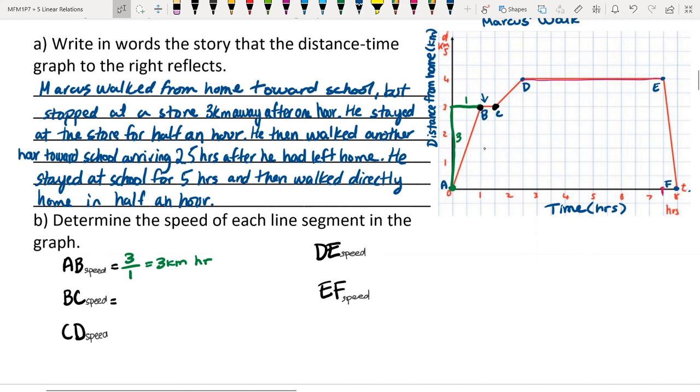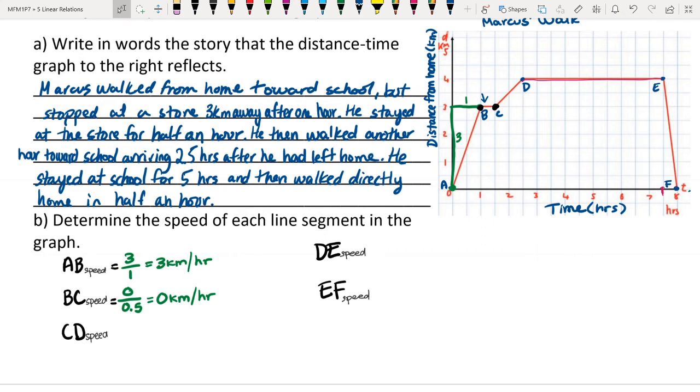So distance was 0, distance over time, and the time was 0.5. So 0 divided by 0.5, and we get 0 kilometers per hour, because it means that Marcus was not changing his distance, he was not moving.